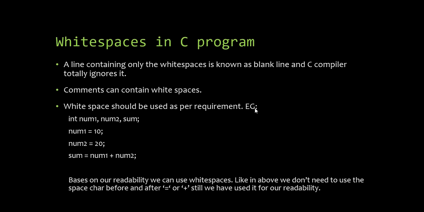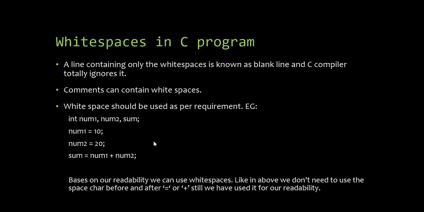For example, if you are declaring int number1, space number2, space sum; number1 space equals space 10; number2 space equals space 20; sum space equals space number1 space plus space number2; then semicolon. Based on our readability we can use the white space.